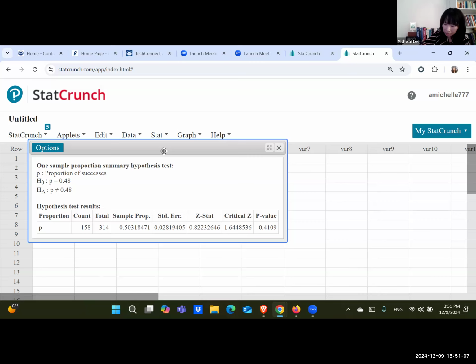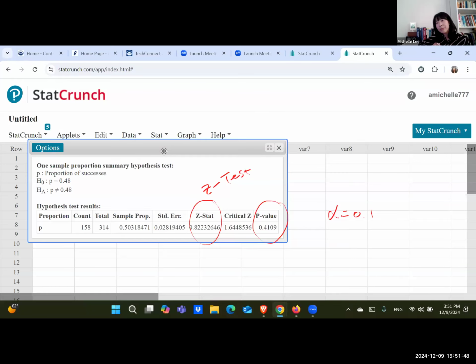The question asks us about the test statistic, right? So this is the z-test statistic. And then the question asks us about the p-value. So let's compare with alpha. Alpha is 0.1. How do we conclude with the p-value and alpha, the level of significance?